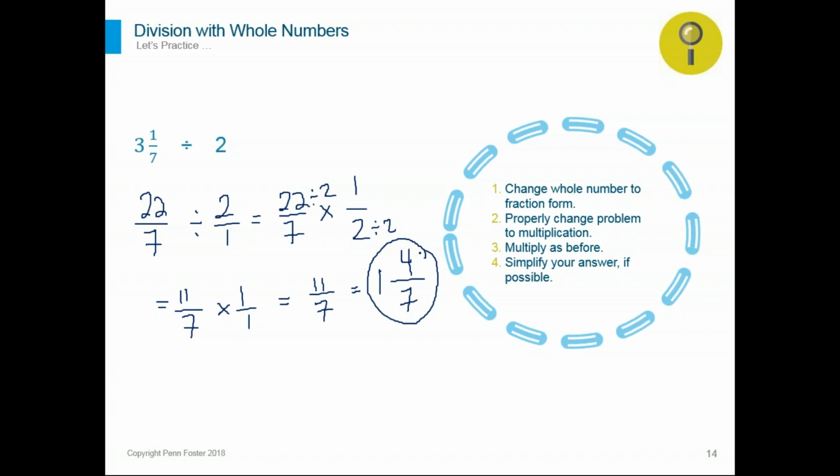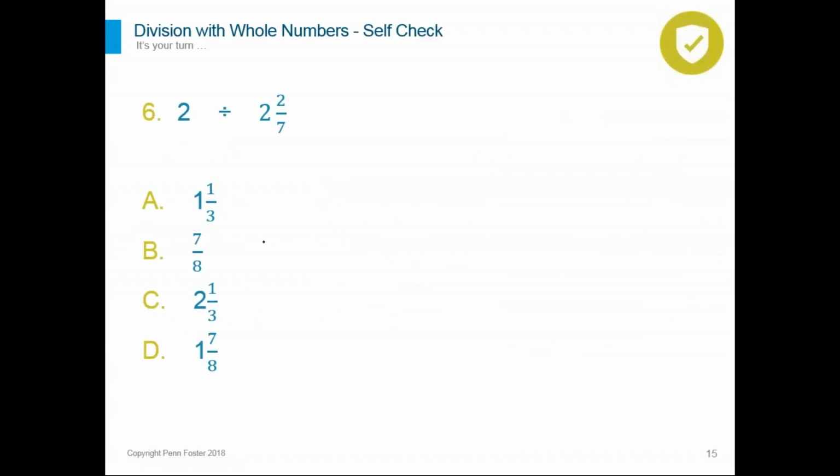If it's originally a multiplication problem, you may have to prepare the question by changing the mixed numbers to improper fractions or whole numbers to fraction form, but you will follow the same steps: cancel the common factors and multiply across. I think everything is obvious at this point. We're just repeating everything. This is the last question on this topic.